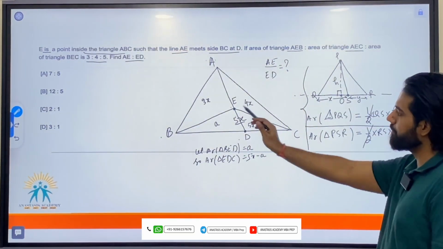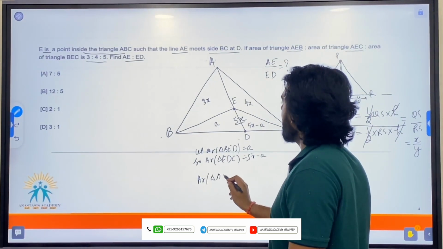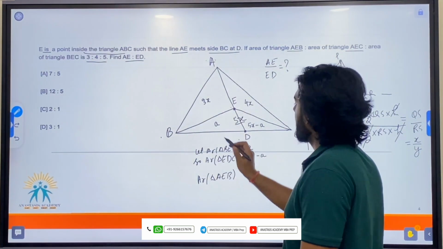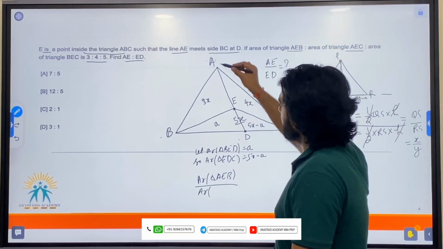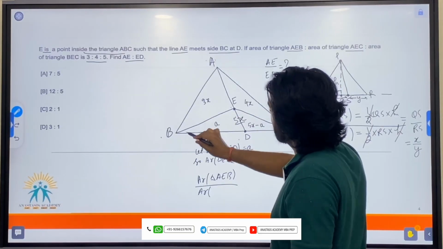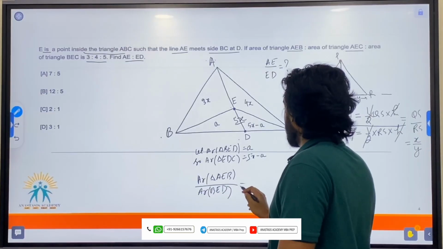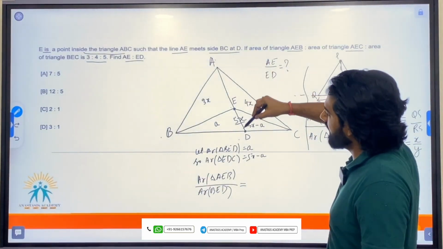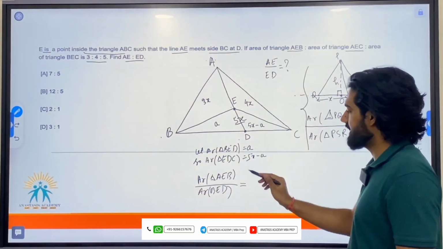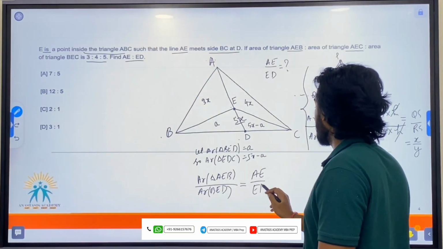So using this property, I can say the ratio of the area of triangle AEB and the area of this triangle BED will be the ratio of their bases, which is equal to AE upon ED, right?